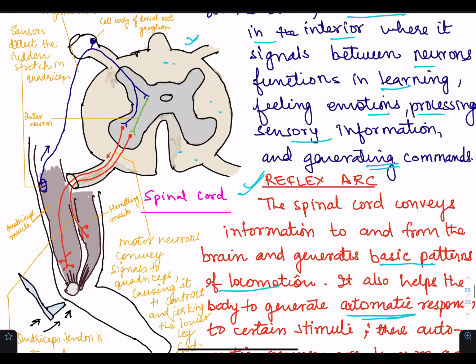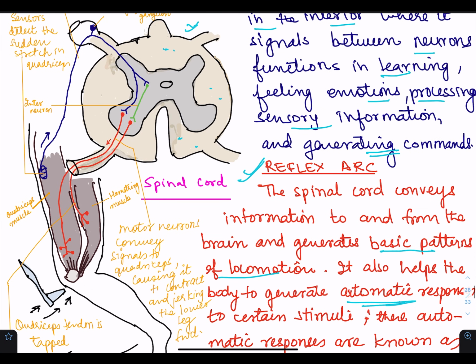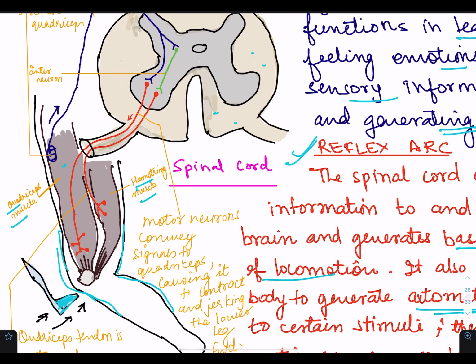Some of the reflex actions, if we take the example of the knee jerk, this shows the diagram of a human thigh, knee and the leg part. And here, this part is being tapped by a hammer. This is the quadriceps muscle and this is the hamstring muscle.